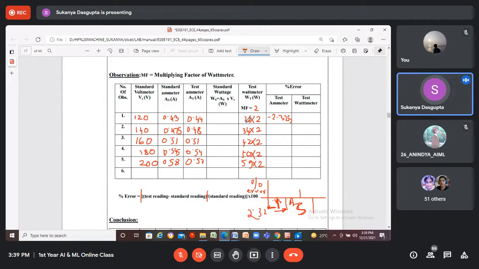Similarly, you calculate the percentage error for the second reading, 0.47. Here also the standard value is lesser than the test value, so we'll get a negative error. 0.475 minus 0.48 divided by 0.475 into 100 is minus 1.05.